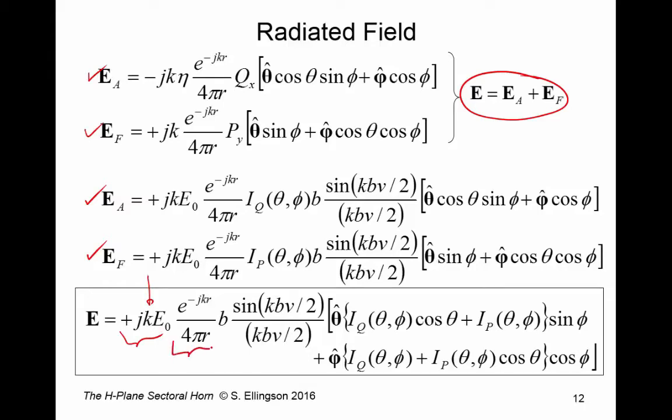I get a spherical wave, B, the dimension of the waveguide in the E-plane, a sinc function, and then this combination of factors. The theta hat component is a function of the I sub q integration and the I sub p integration. And the phi hat component is also a sum of the integration I sub q and the integration I sub p multiplied by cosine theta.